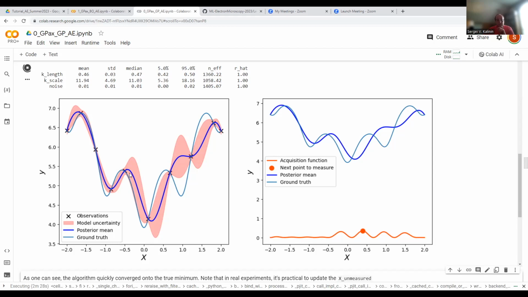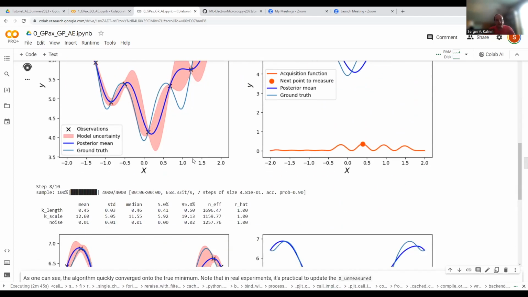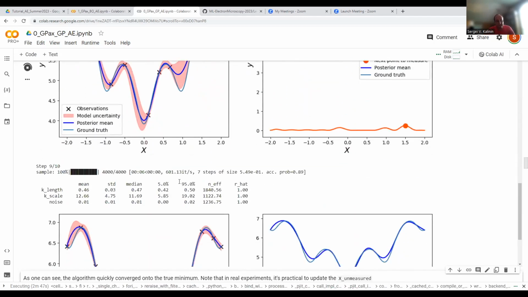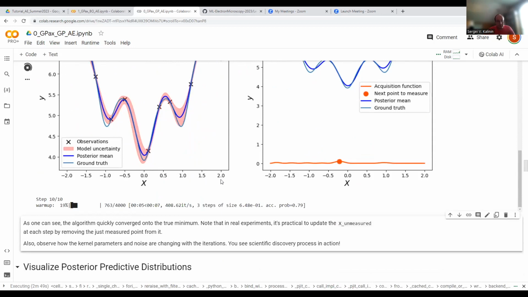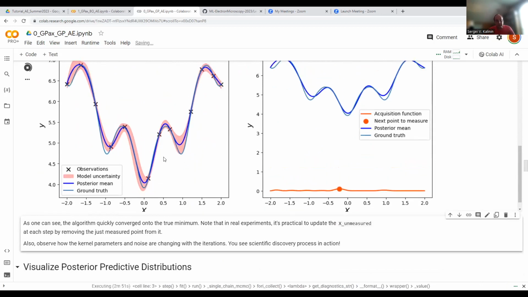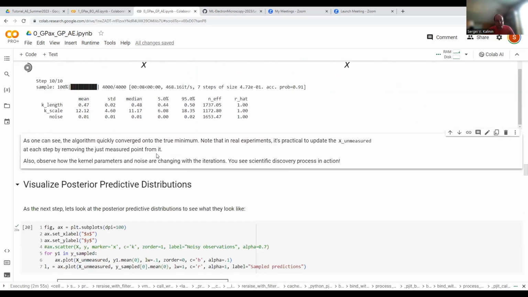Again, the most important thing is how you understand the dynamics of this uncertainty given by this red curve. It becomes small only if we are within the kernel length from the point where the measurement is taken. So if we run enough experiments, our algorithm will converge.